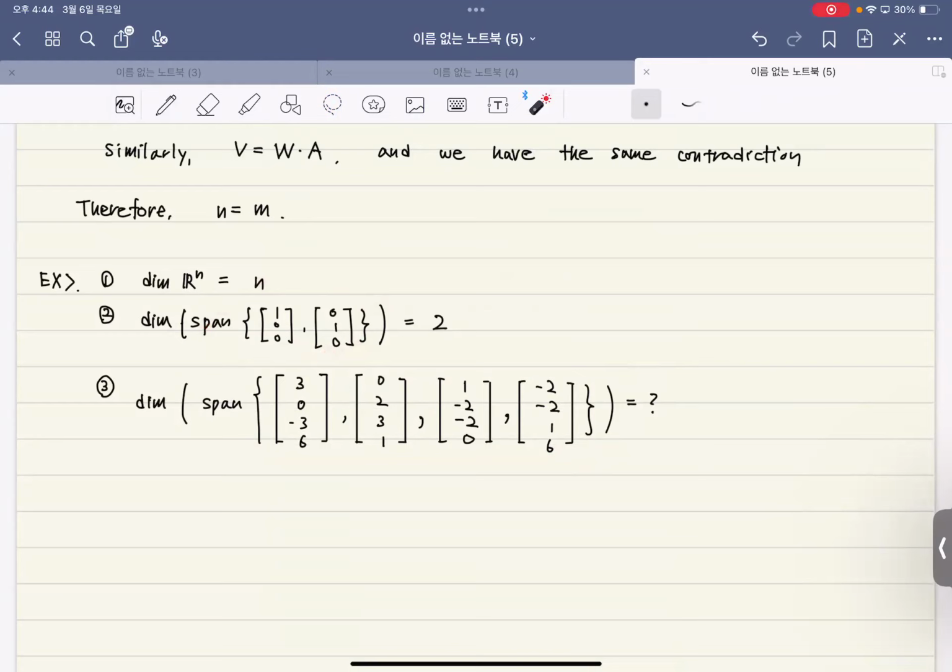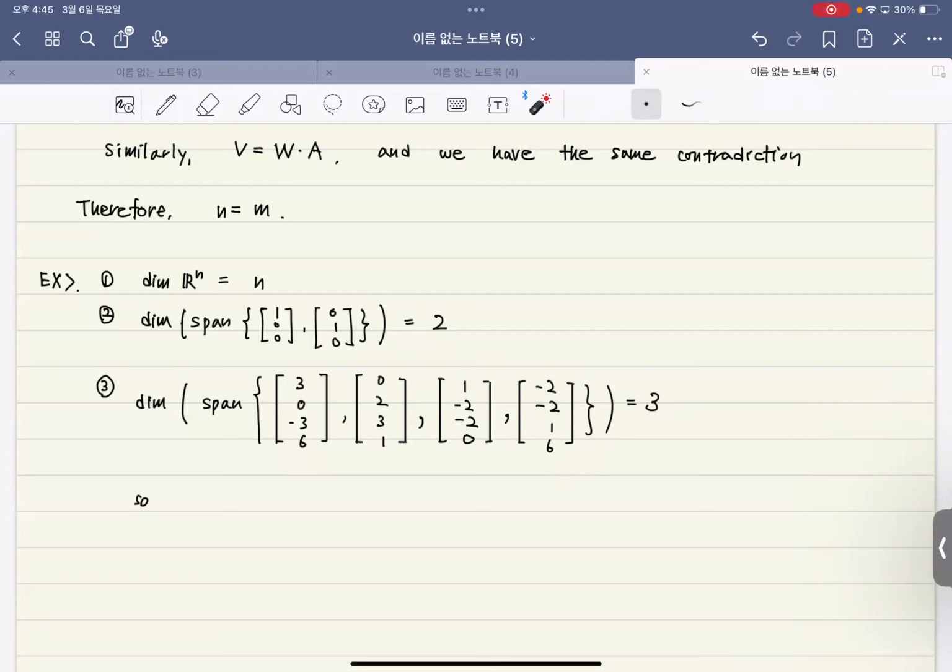Maybe this is too easy. Then what is the dimension of this space? These are clearly 4-dimensional vectors, and I am talking about some subspace in R4. Now things are getting more tricky, but there's nothing to worry about. The answer is 3. Even though this space looks like it is spanned by 4 vectors, the dimension of this is 3.